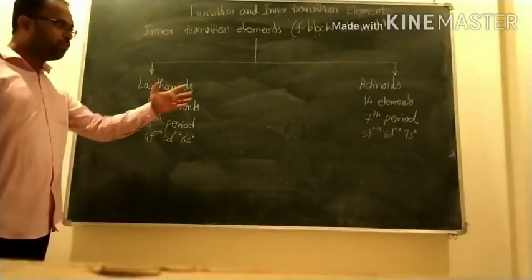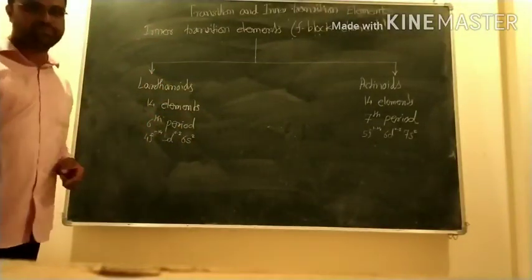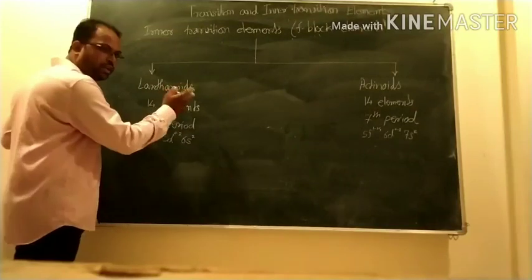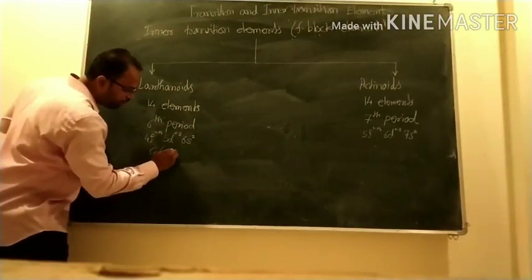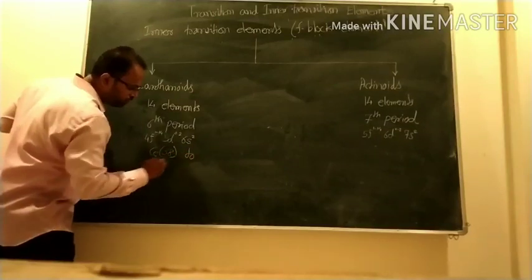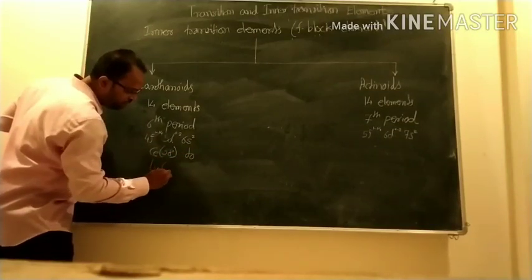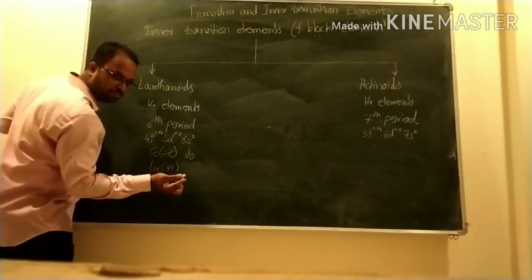Both have 14 elements. The elements in lanthanoids start with cerium 58 to lutetium 71.